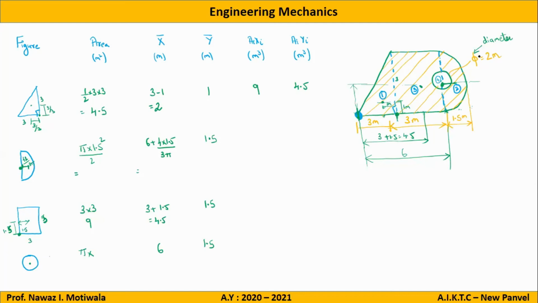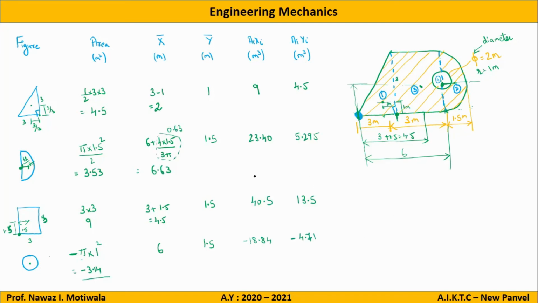So if the diameter of the circle is 2 meters, what will be the radius? 1 meter. So you have to use 1 here. So pi r square, not divided by anything, because it is a full circle. And what is missing here? Minus. Yes, it will be minus because it is not in the shaded portion.